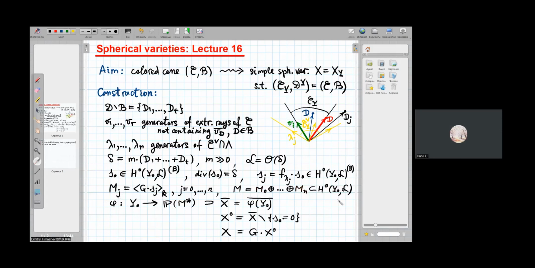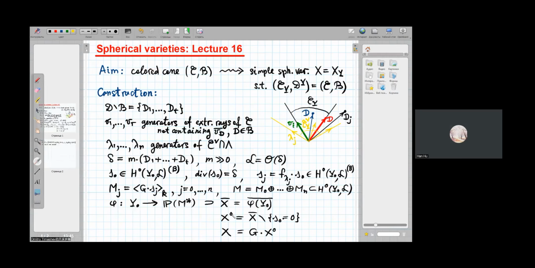This M is a finite dimensional G submodule in the space of sections of L. And this finite dimensional space of sections defines a G equivariant map from the homogeneous space Y0 to the projectivization of the dual space M star. Now we denote by X bar the closure of the image of the homogeneous space Y0 under this map.